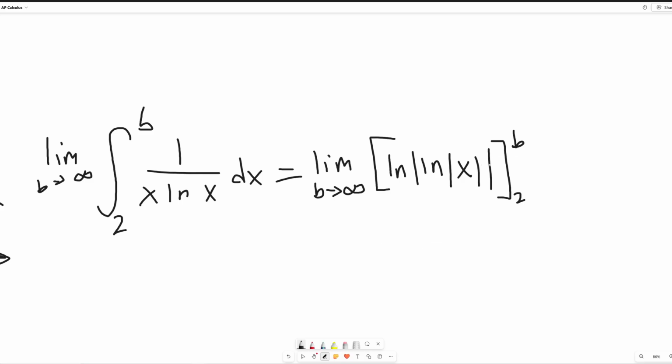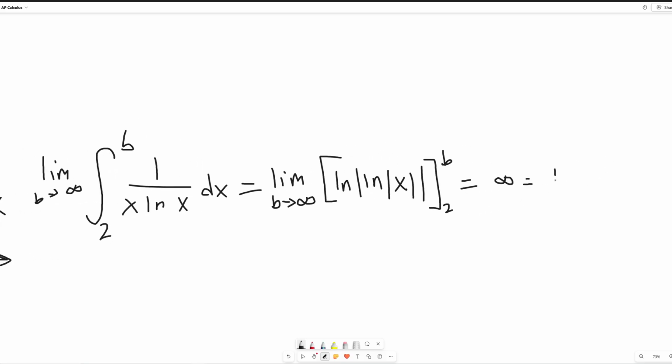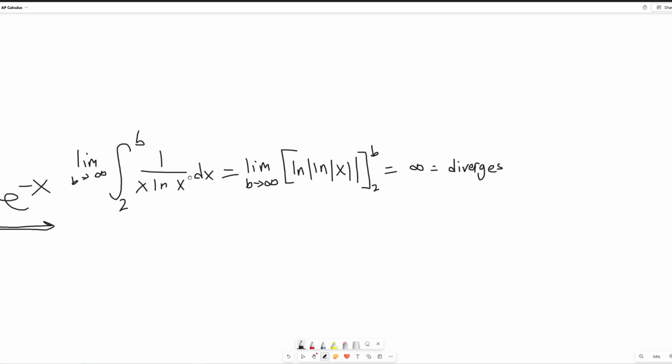So I'm going to say it's infinite, or diverges, even though 1 over x ln x is less area than 1 over x, because x times another number in the denominator is going to make it smaller. It is still infinite area as it goes to infinity.